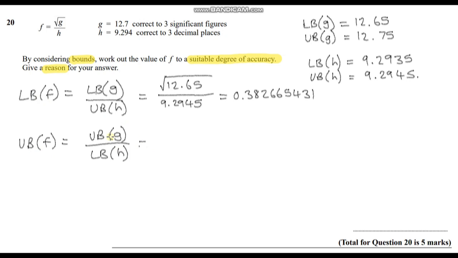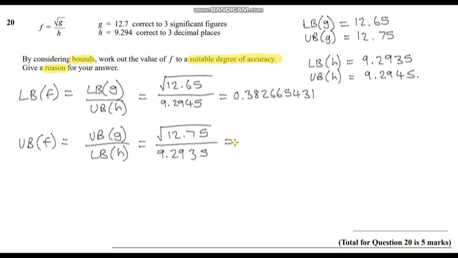Now let's do the upper bound of f. So it's going to be the square root. This time we're taking the upper bound of g, which is 12.75, and we're going to divide that by the lower bound of h. So this time it's this one here, 9.2935. Again, let's put that in the calculator.